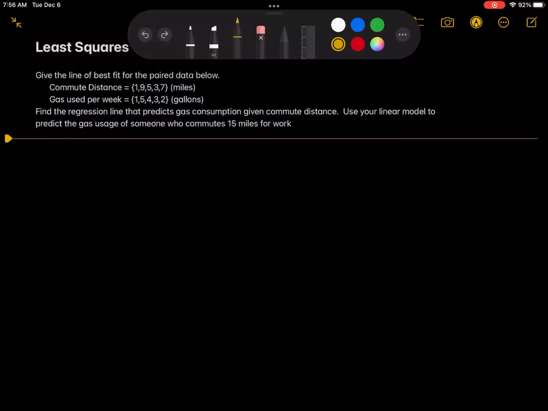We want to then use our linear model to predict the gas usage of someone who commutes 15 miles for work. So I want to create a regression line that predicts gas consumption. So the second data set there, the gas used per week, I want to let those be my Y values. Right? Because I'm looking for y equals mx plus b. Every straight line in the Cartesian plane looks like that. And I want to predict my Y values.